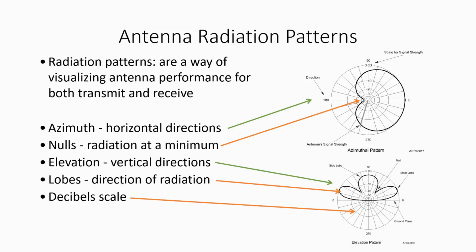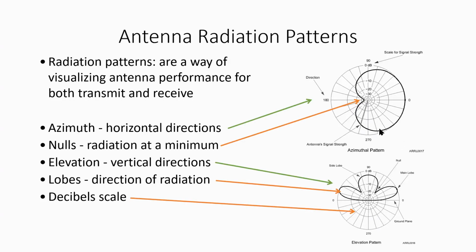So first we're going to start, let's look at the radiation patterns. I hope you're familiar with these diagrams. If you're not, this is the azimuth. This is your compass, basically, with 0 being north.